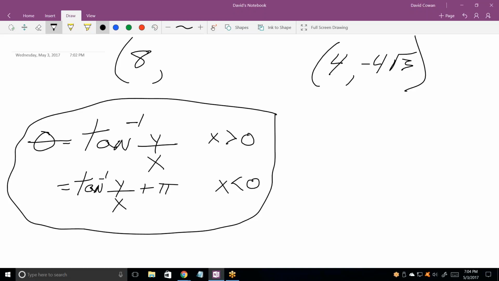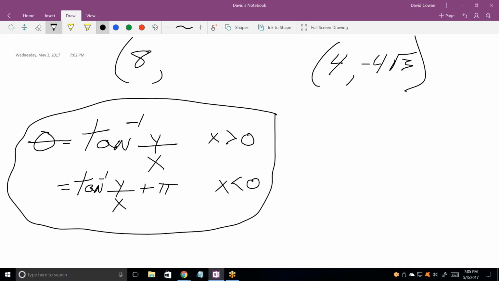And you'll want to remember those because the stuff you're going to get to next in math, you're going to have to solve for theta quite a bit. And so this adding pi when x is negative. And notice that it's not the argument that has to be negative, it's just the denominator.